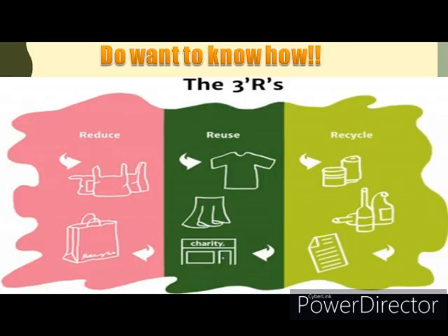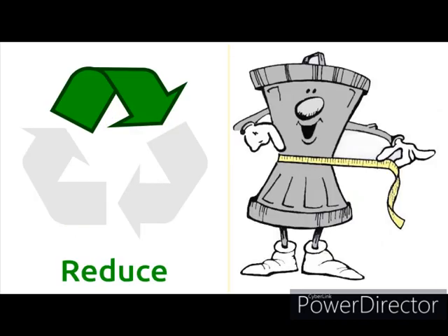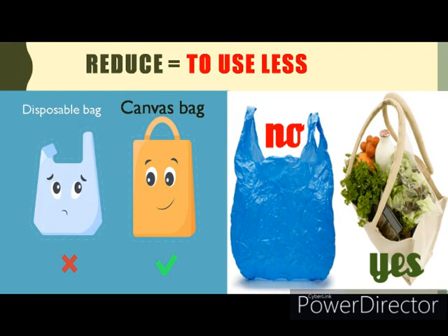I will tell you. So let's find out how we can decrease this pollution by using these 3 magical R's. The first R is for reduce. What do I mean by reduce? Reduce means to use less. If you think about it, there are many things you don't need.